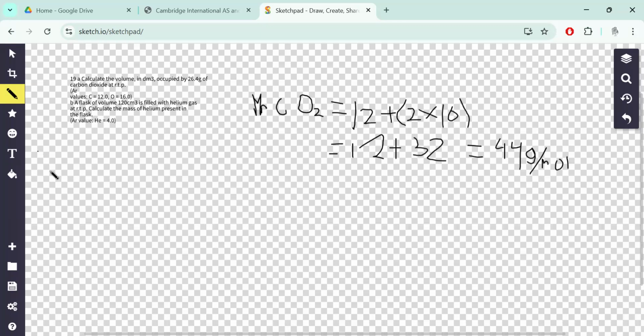Since it's a gas at room temperature, the volume, you actually need to find the moles. So the number of moles usually times 24, since it is actually a fixed number for room temperature. So therefore we need to find the moles of carbon dioxide first. So now to find the moles, we have to do this first.